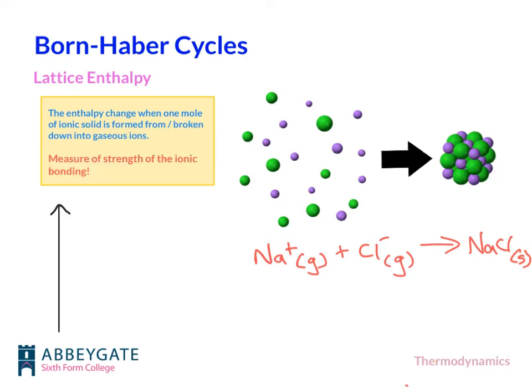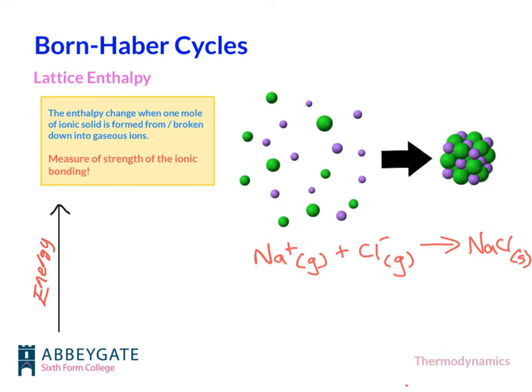Now, if we think about this in terms of energy levels, so I'm just going to put energy, then it would make sense that our gaseous ions are at the highest energy we can be.